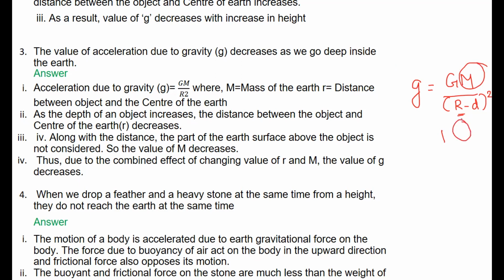As we go deep inside the earth, R minus d will decrease. At the same time, the part of the earth above the object is not considered, so M will decrease. R minus d will also decrease. So, combined effect of these two values, the value of g will decrease. Is that clear?